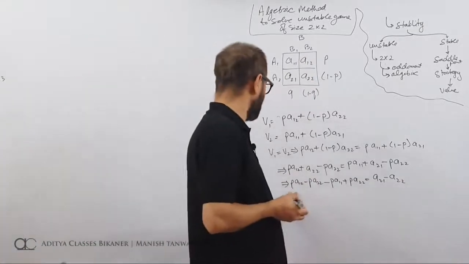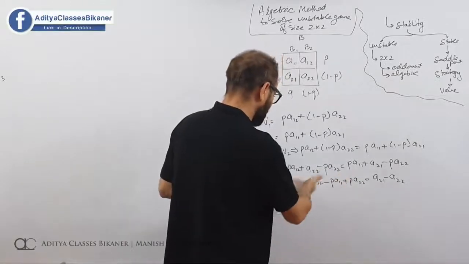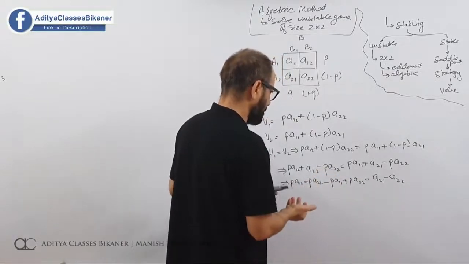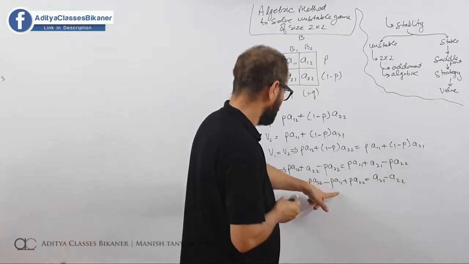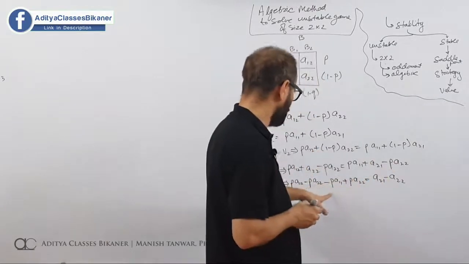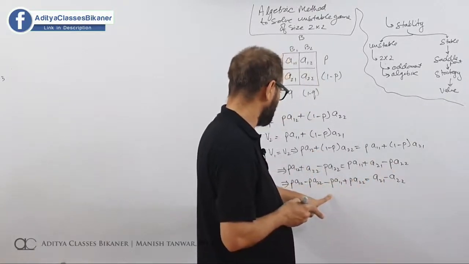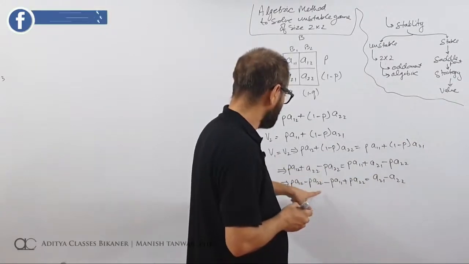So I have P A12 and so on. Now if I could try and pick up some commons, we have an A21, P A21. Where is P A21? This is here, this is here.